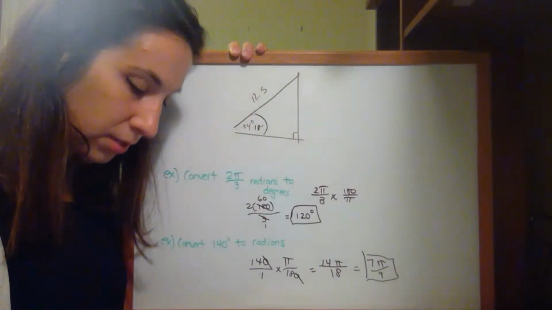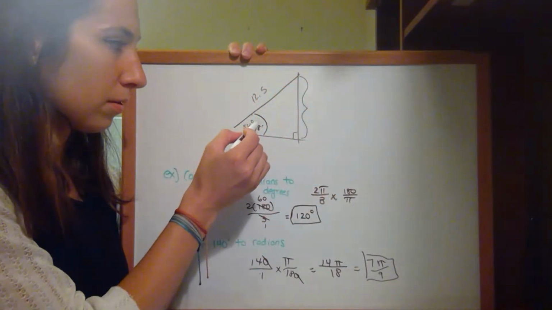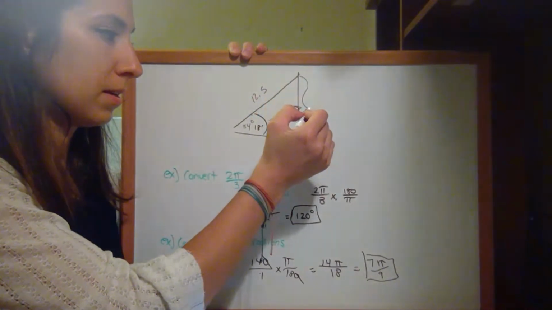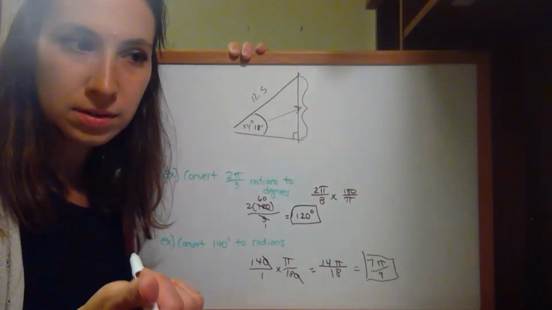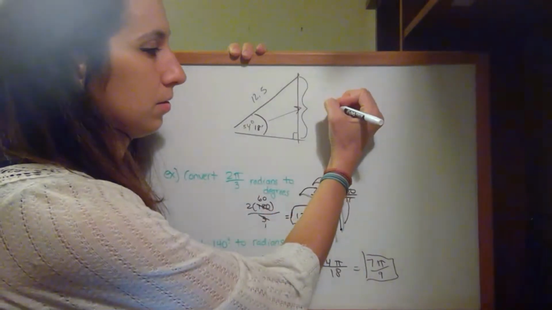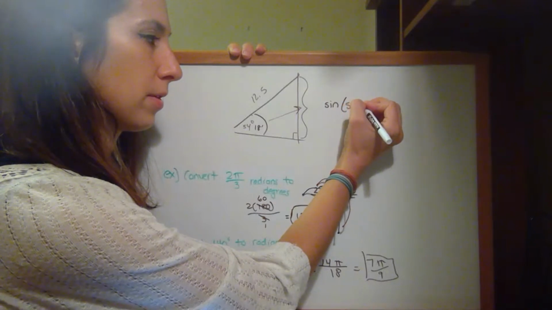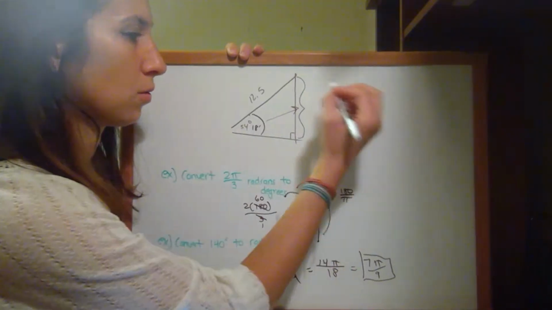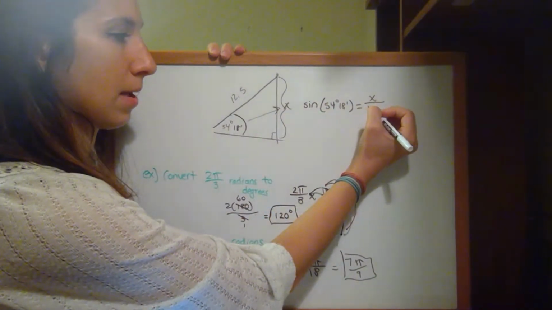Okay, they wanted to know how tall this was. So if this is your angle, they're looking for this, right? This is opposite. This is hypotenuse. So the only trig function that uses opposite and hypotenuse is sine. So the sine of the angle, which is 54 degrees, 18 seconds, is equal to opposite, so I'll call this x, over hypotenuse.